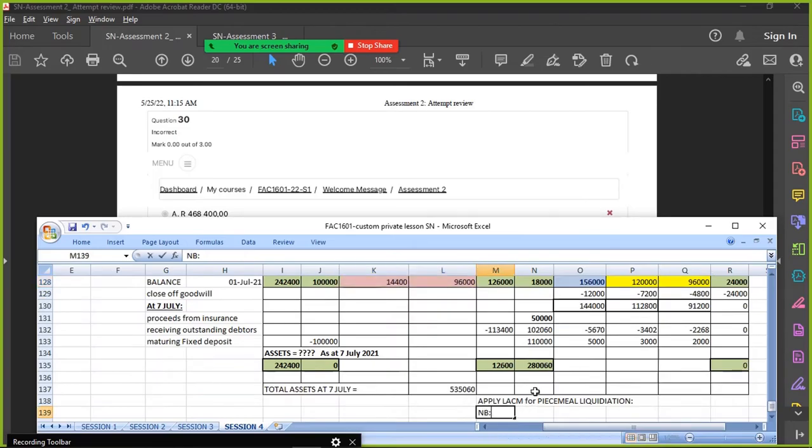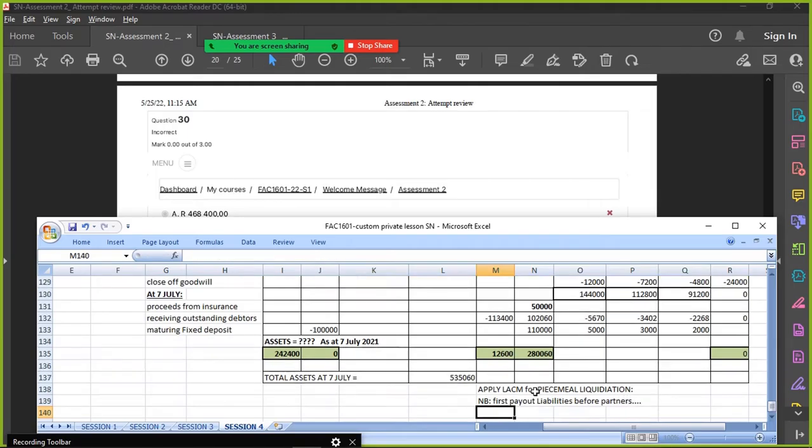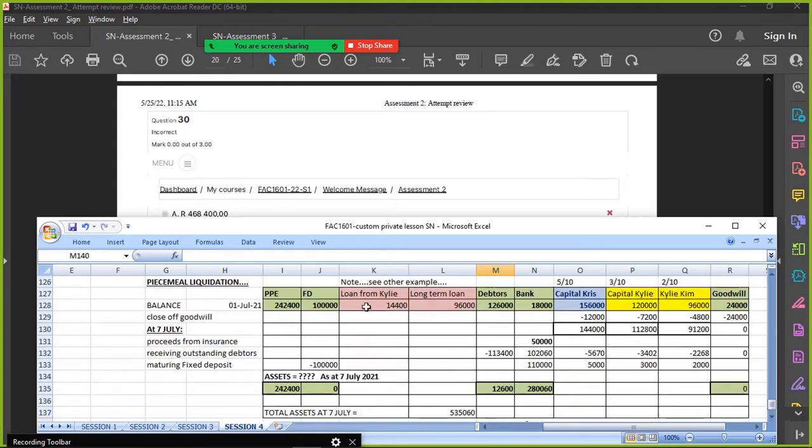So NB, first pay off liabilities before partners. That's just normal claims to assets. Remember, when businesses go bankrupt, when they get liquidated, creditors get first bite of the cash that's left over. Does that make sense? Yeah.